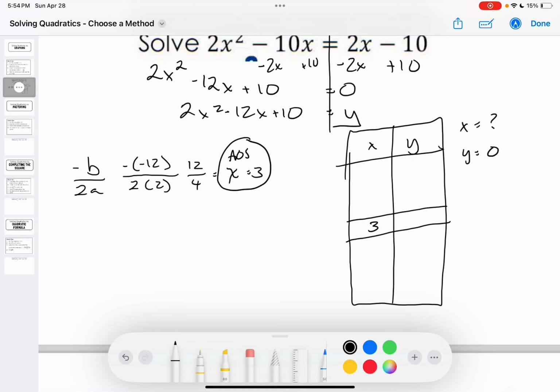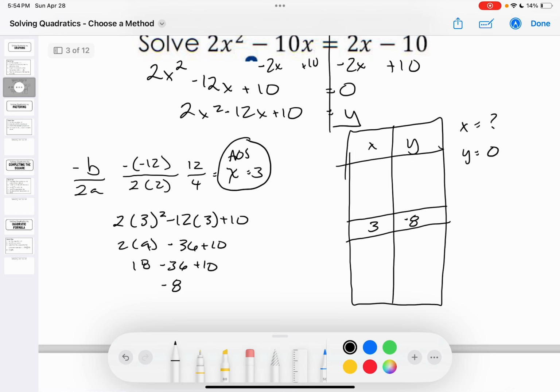And I would take 3 and I would sub it back into my equation for x to determine what the y value is. So 3 squared is 9, so this is 2 times 9, minus 12 times 3, 36, plus 10. 2 times 9 is 18, 18 minus 36 plus 10. That's negative 18 plus 10, which is negative 8. So there's our AOS, or our vertex, I should say now.